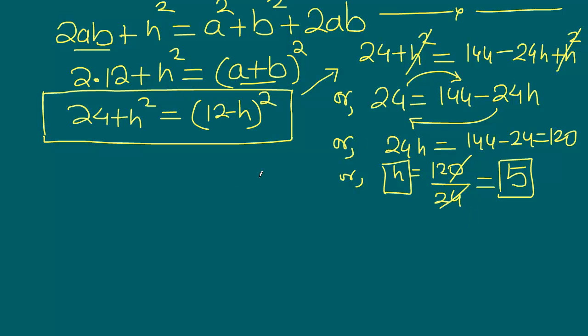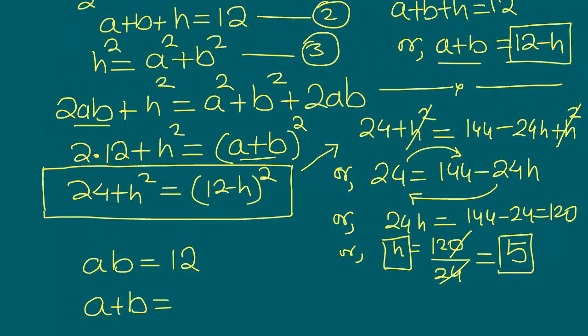Now if we go back, we have AB equal to 12, and A plus B was 12 minus h, I believe, right? So if h is 5, 12 minus 5 will be 7.